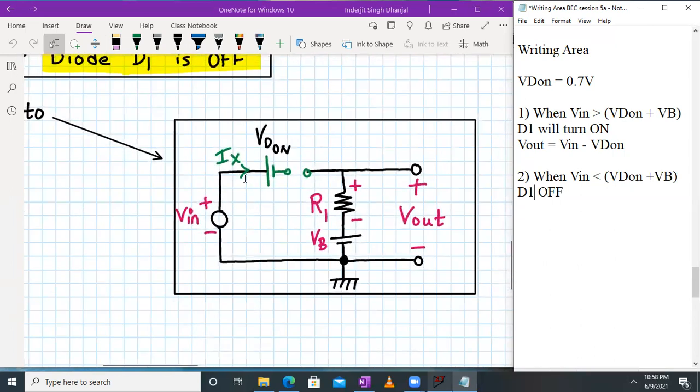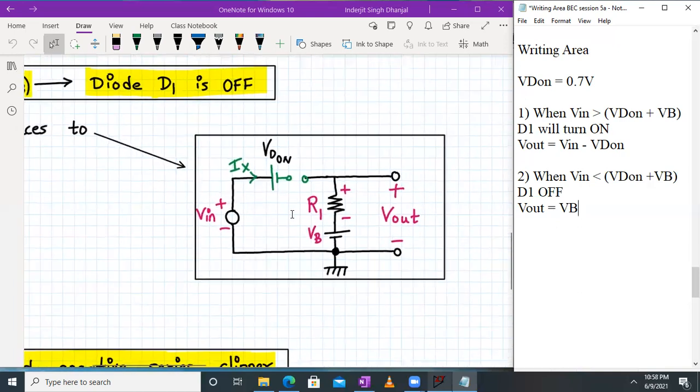You have replaced the diode by its constant voltage model. So the current in the circuit will be zero, but one thing is there. Since we have a VB supply, even though the current is zero, your output voltage will not be equal to zero, it will be equal to VB value. Very important to note that.